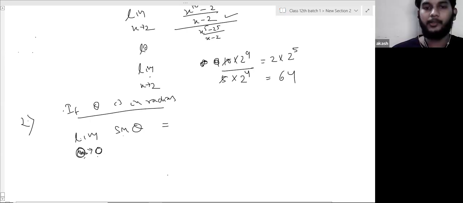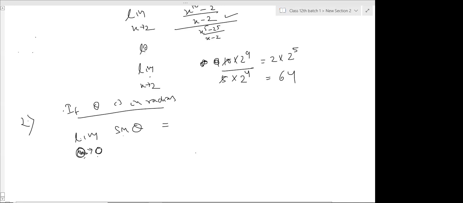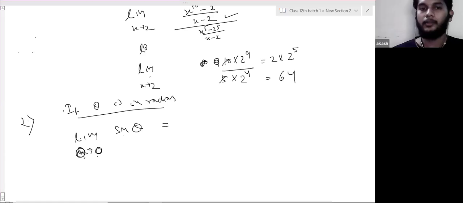Someone said 0. Krishna, sir. All right. So theta is tending to 0. That means sine theta will be 0. So this answer is 0. This is the first one.